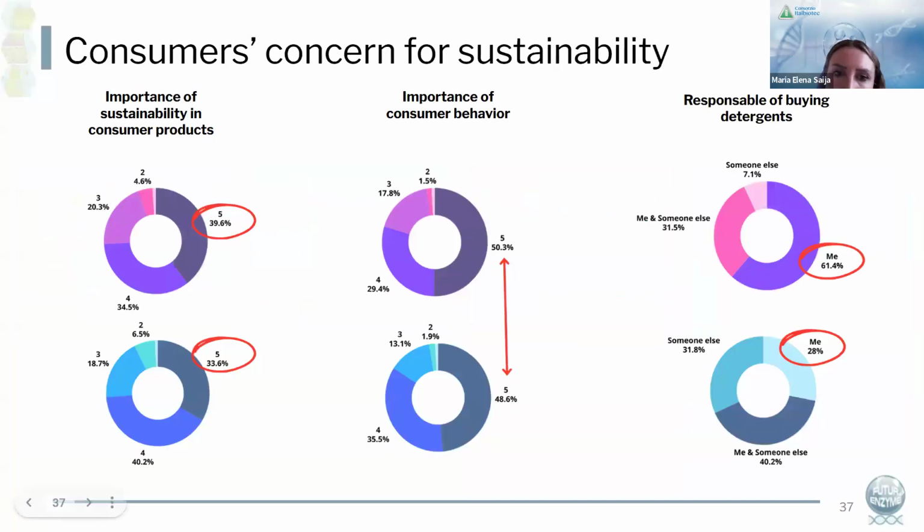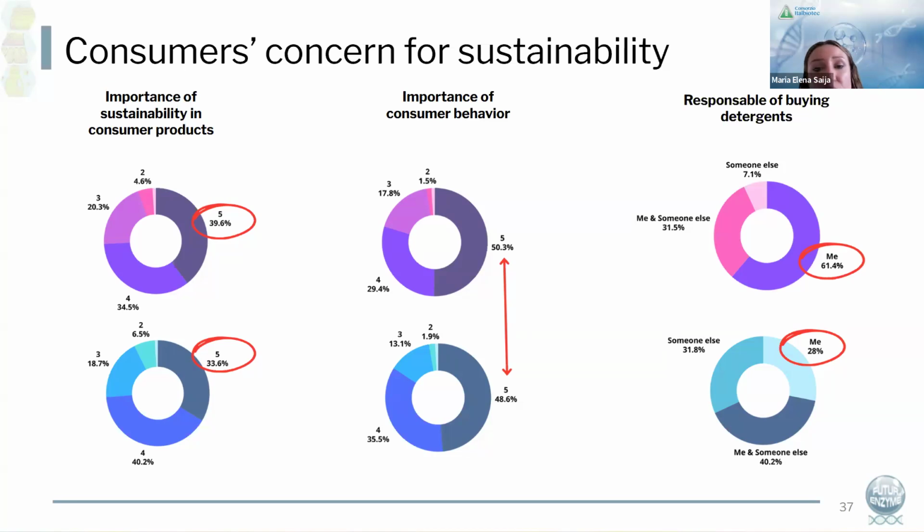Okay, next slide, please. Okay, perfect. This is just to mention that our sample knows perfectly that consumer behavior is very important in the sustainable aspect of consumer products, and also that consumer products have a crucial role in increasing the sustainability of our world.